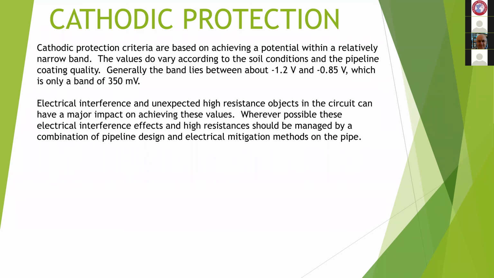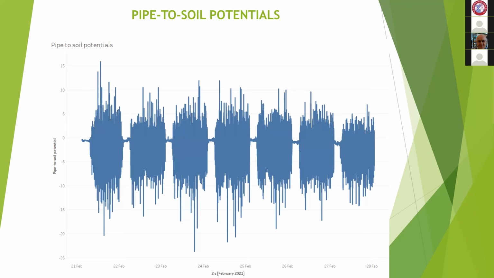Acceptable levels vary, but generally speaking, between minus 1.2 volts as the most negative, and minus 0.85 volts, which is the most positive. So that's a very narrow band that we're comfortable in. That's 350 thousandths of a volt, the maximum swing that we like to tolerate. So we need to try and do something about that.